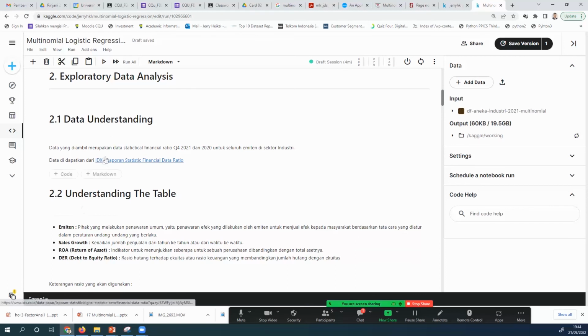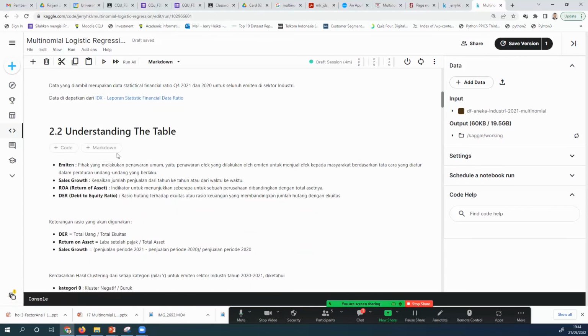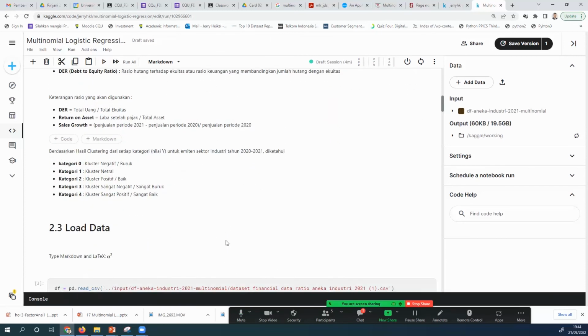So the data, we got it from the IDX data. Understanding the table from IDX: the emitter name, the sales growth, return on asset, debt to equity ratio. Yeah, so this is the category.